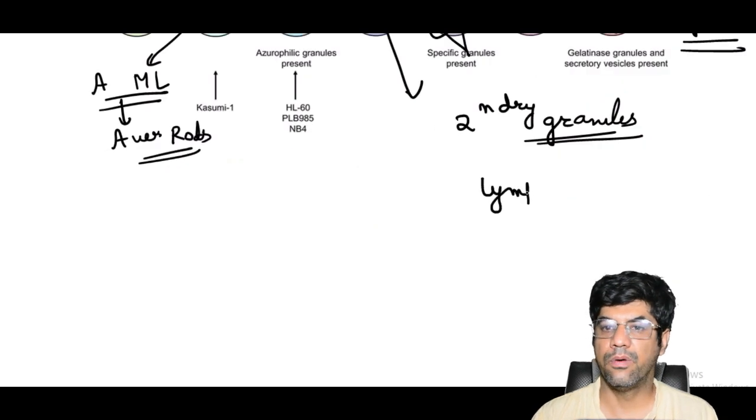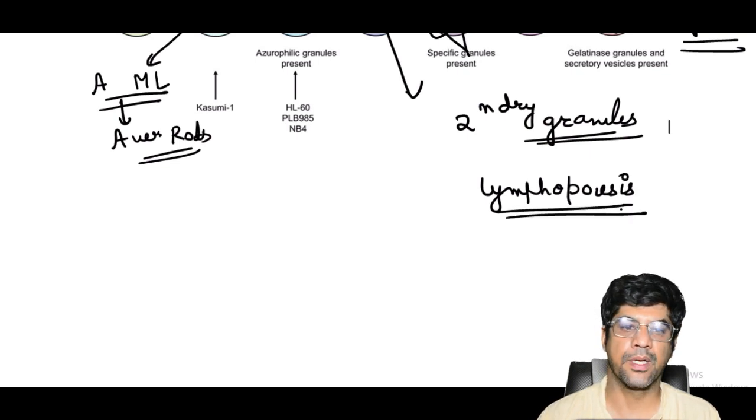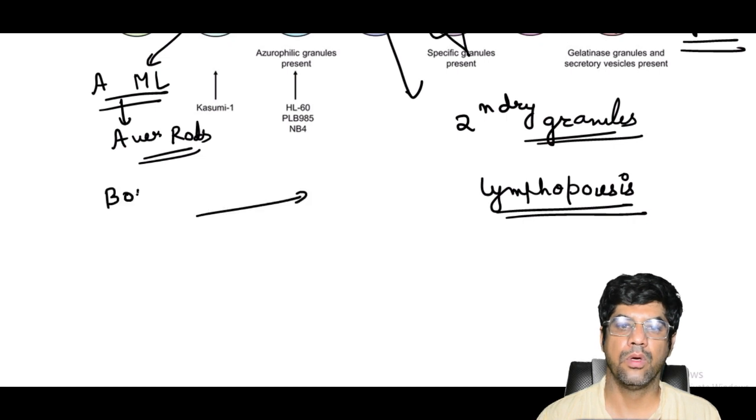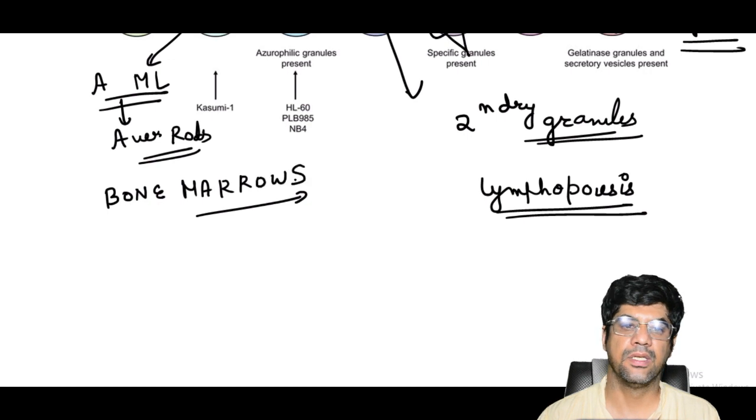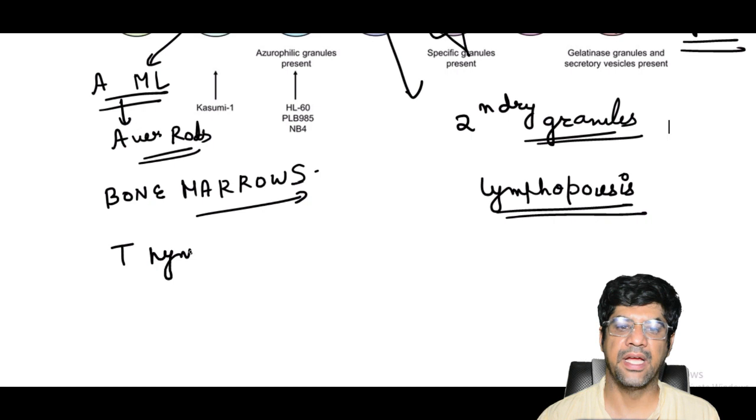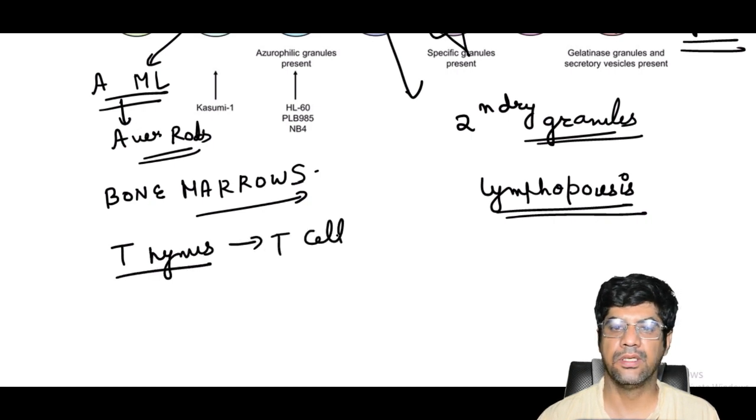Now lymphopoiesis, remember what are the primary lymphopoietic organs? Remember that bone marrow produces lymphoid stem cells. Thymus is the site for T cell maturation.